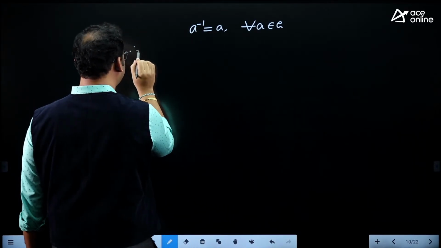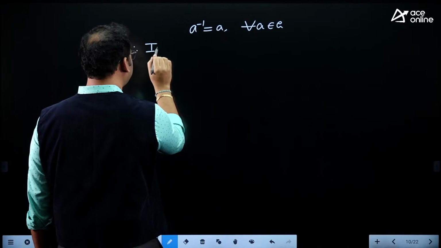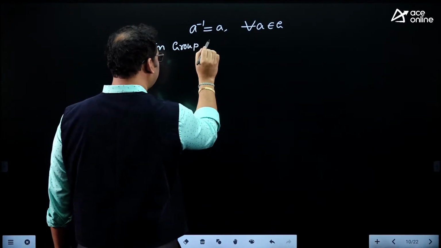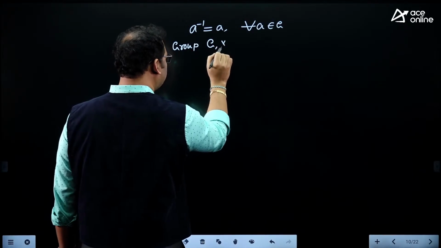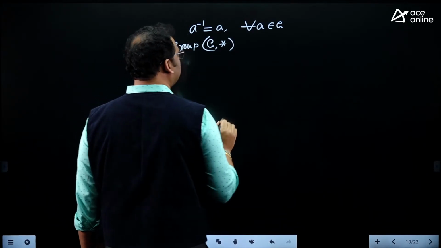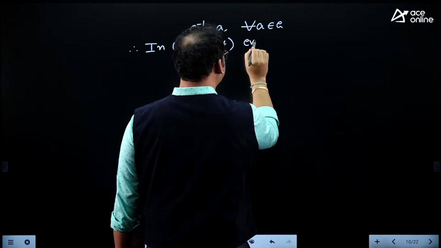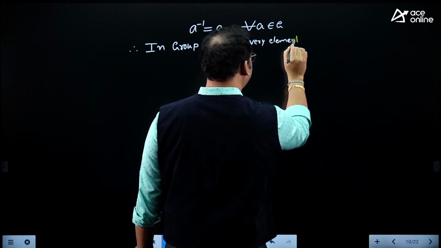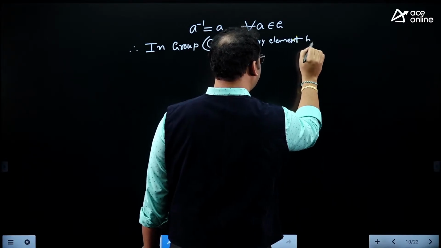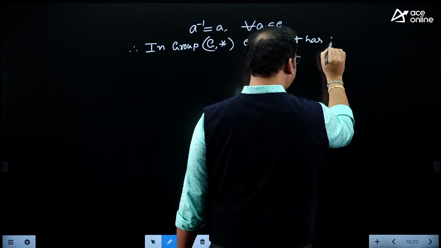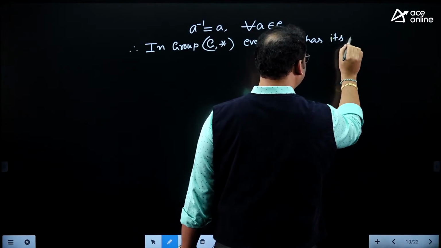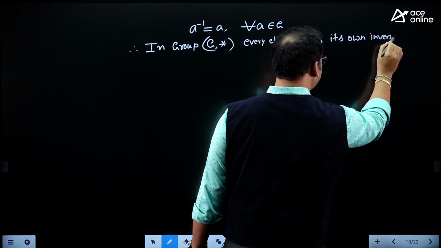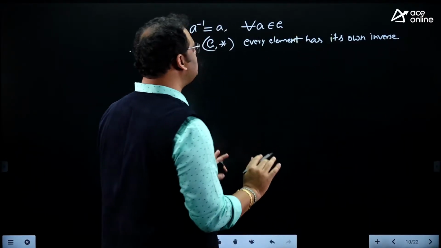Therefore, which means that in the given group G, under operation star, every element has its own inverse.